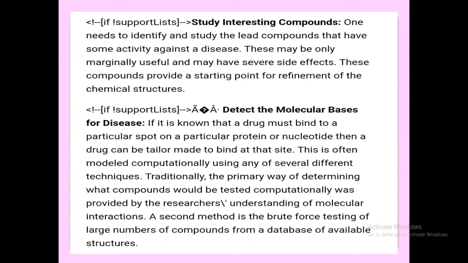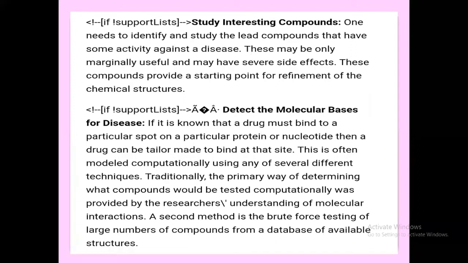If it is known that a drug must bind to a particular spot, that is the target, on a particular protein or a nucleotide, then a drug can be tailor-made to bind at that particular site. So first you have to find out the target protein or the target nucleic acid or nucleotide. Then only can you design a drug.